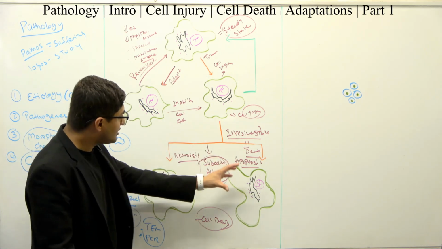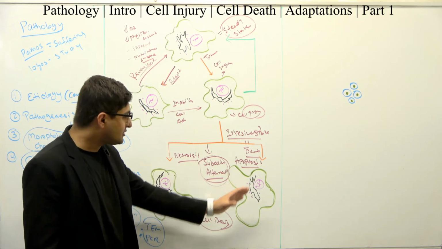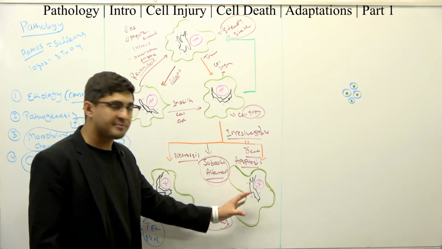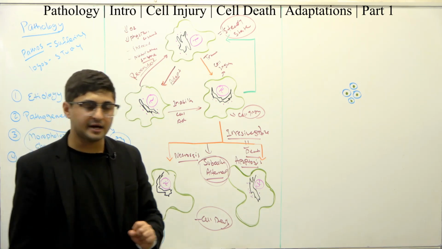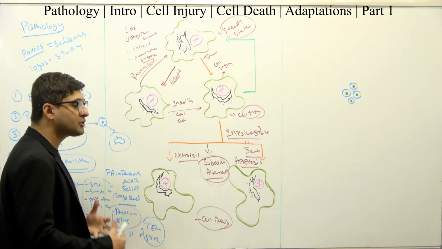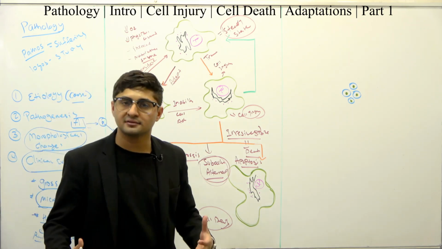So in that way, the cell can go two ways: either the apoptosis process or the necrosis process. All right? And as we talk about diseases, you'll know more about this too, all right?